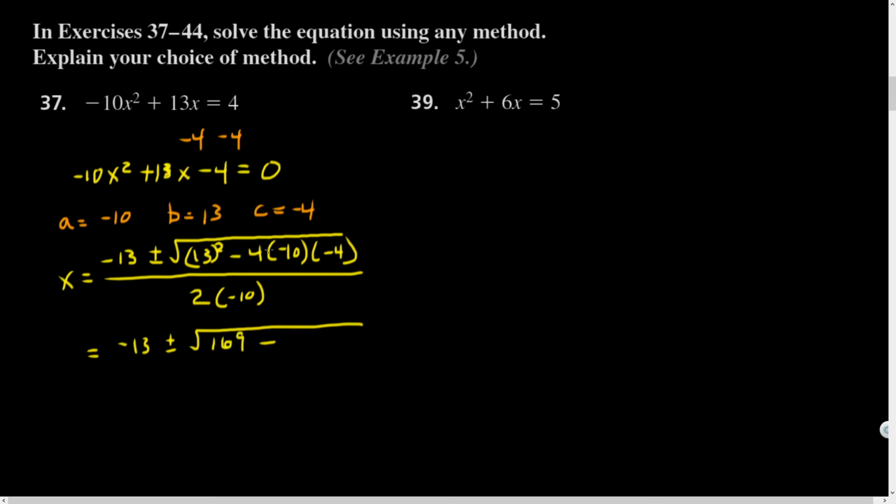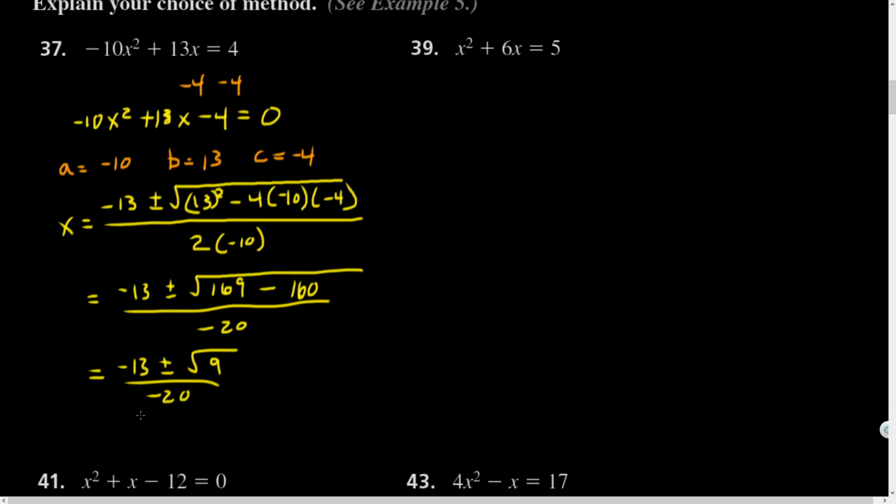Triple neg, so 1's negative. 4 times 4 is 16 times 10, hundo 60. Oh, nice. Yeah, this problem was factorable, but it wasn't immediately obvious. So that's the square root of 9 all over negative 20. Did I give myself enough room? Not. Negative 13 plus or minus 3 all over negative 20.